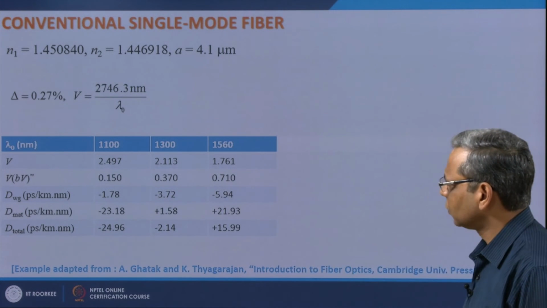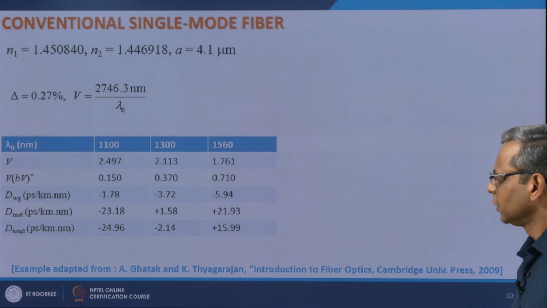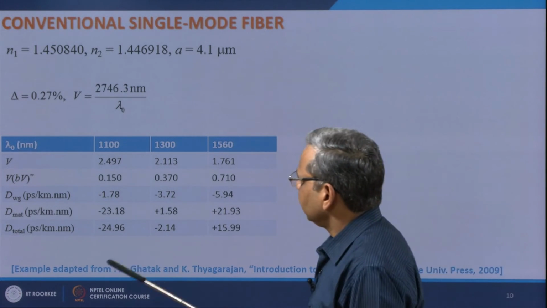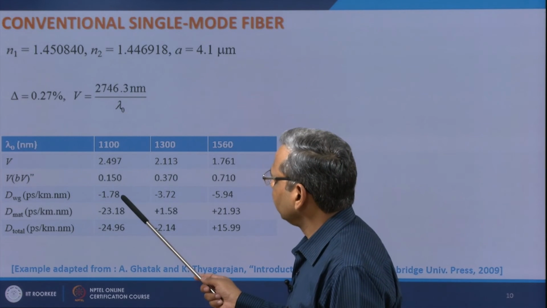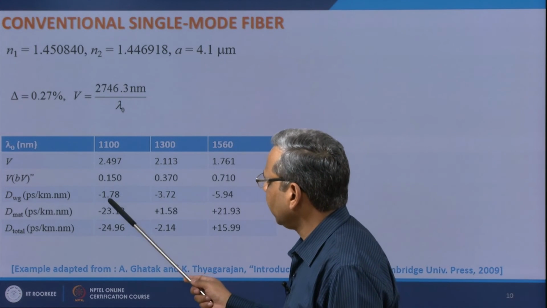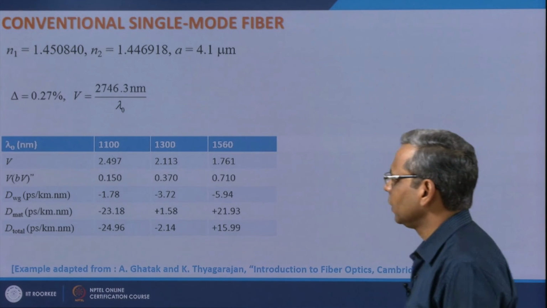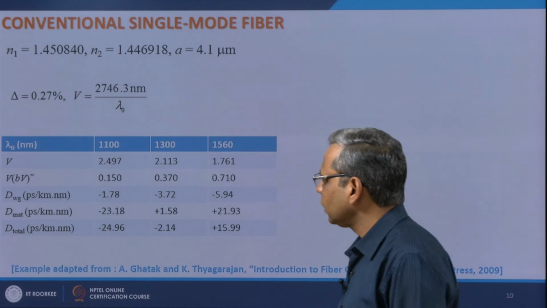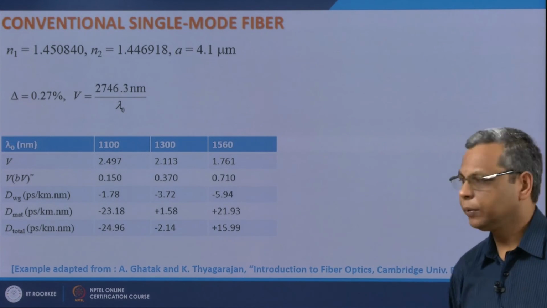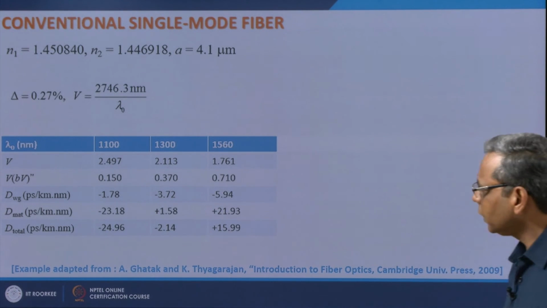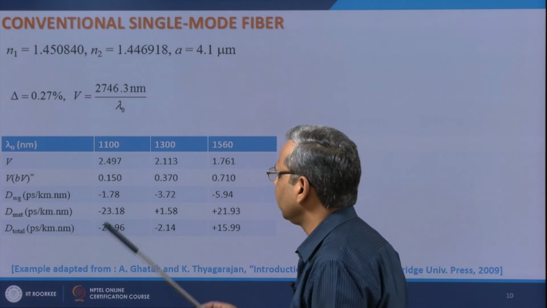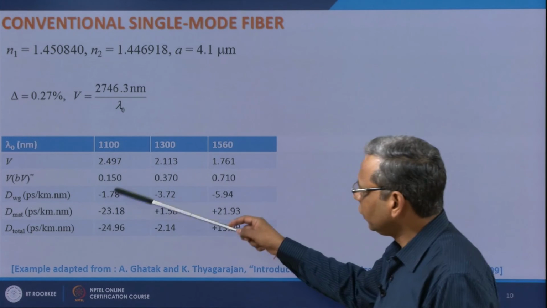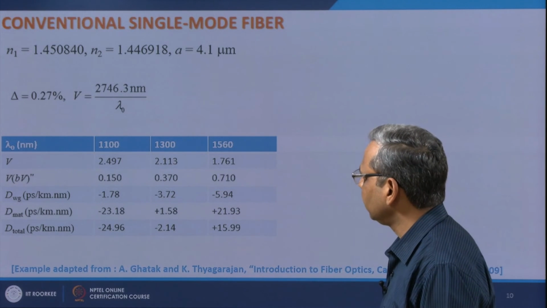So, it is close to single mode, okay, but it is not exactly single mode, and the waveguide dispersion, if I calculate, comes out to be minus 1.78 picoseconds per kilometer nanometer. Material dispersion is minus 23 picoseconds per kilometer nanometer, and total dispersion is about minus 25 picoseconds per kilometer nanometer. So, these are the values at 1100 nanometer wavelength.